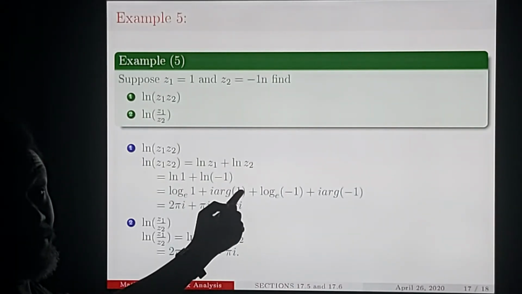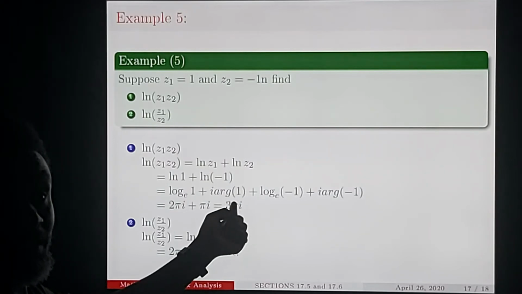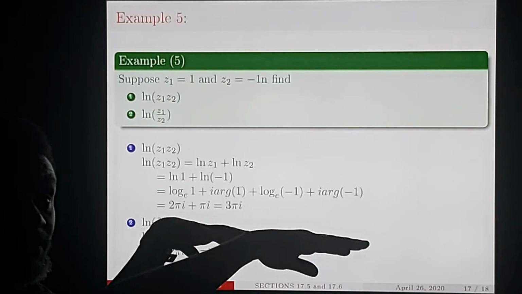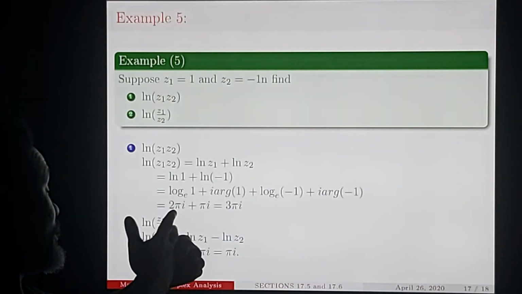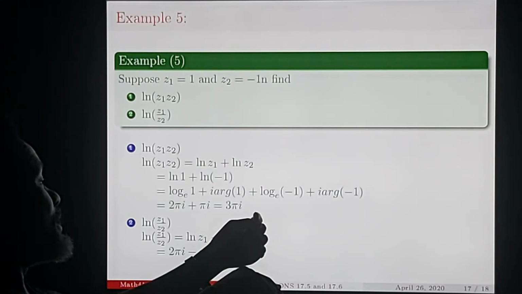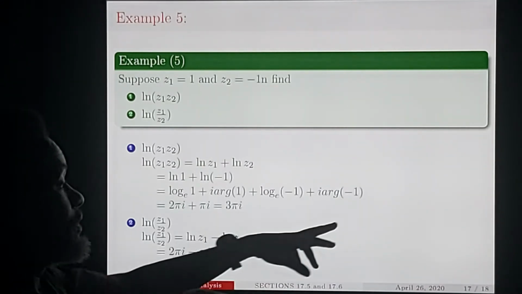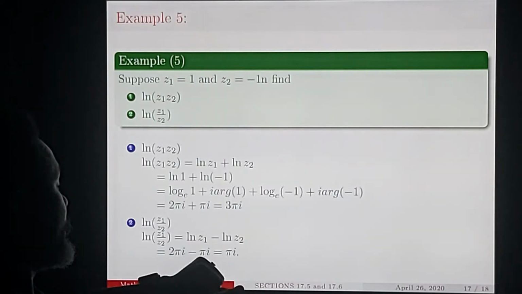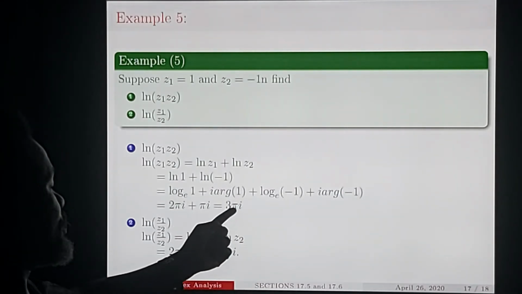What is the argument of 1? 1 is a constant, x equals 0, so it's just 360 degrees. It's 2 pi, and then the argument of minus 1 is pi. So it's 2 pi plus pi i equals 3 pi i.